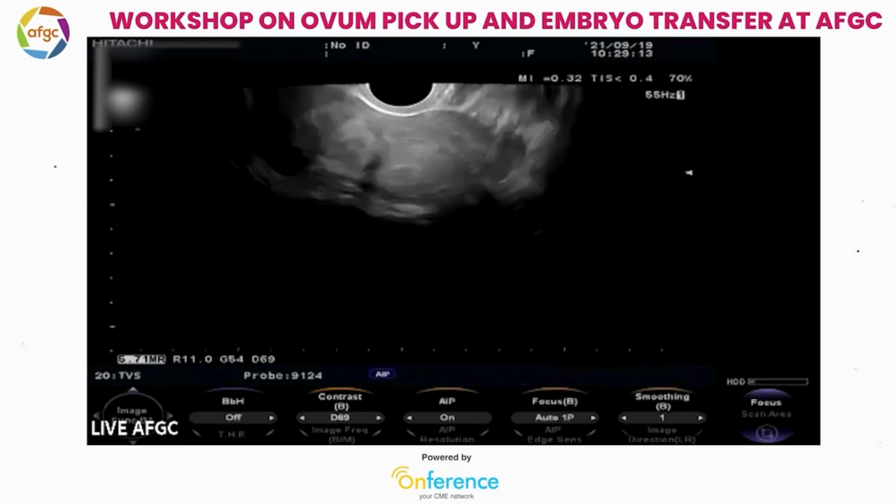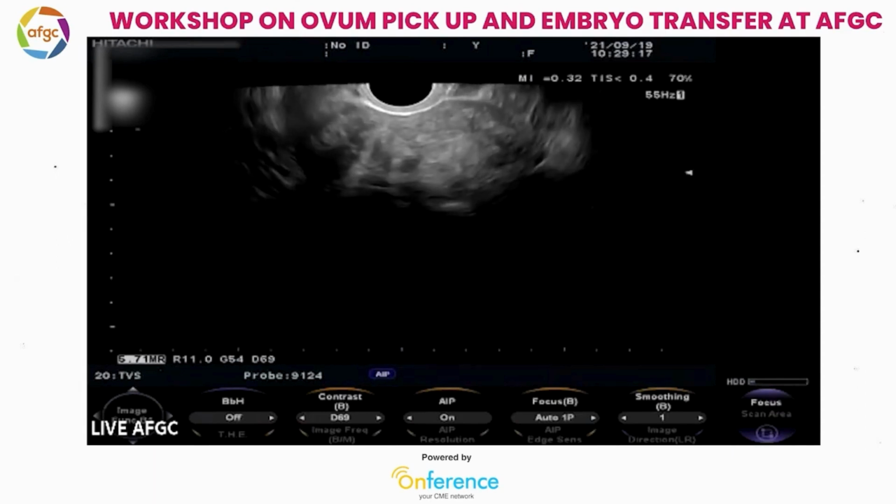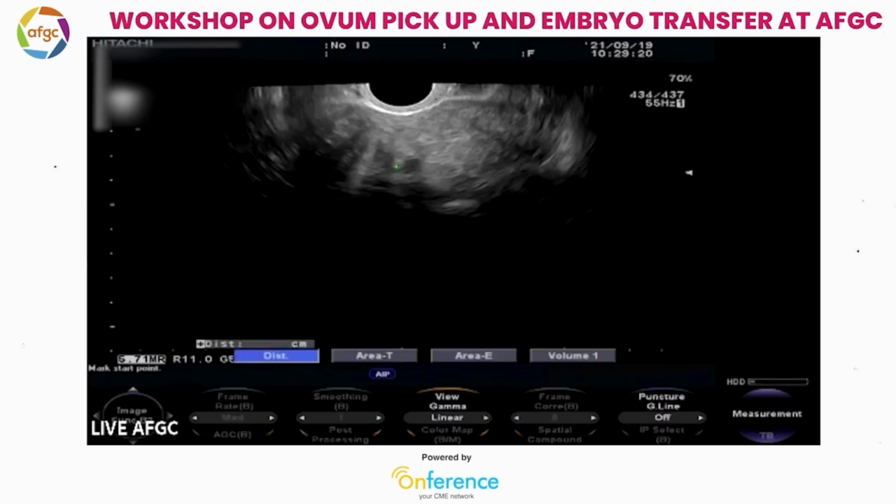So it is pushing in, but has not yet reached the endometrium. Color. So this is the fibroid here, and this is the endometrium.